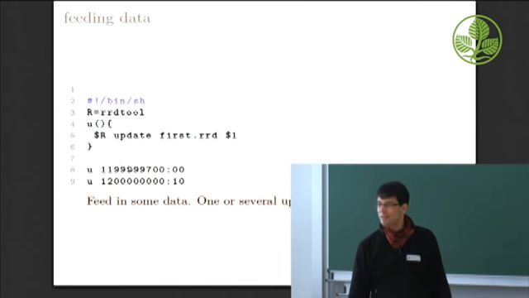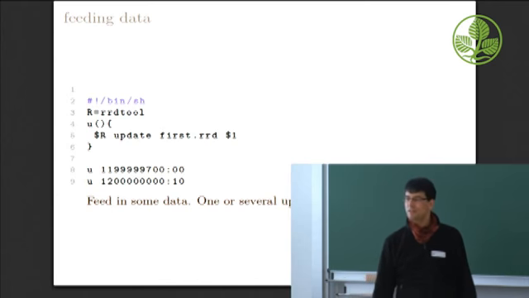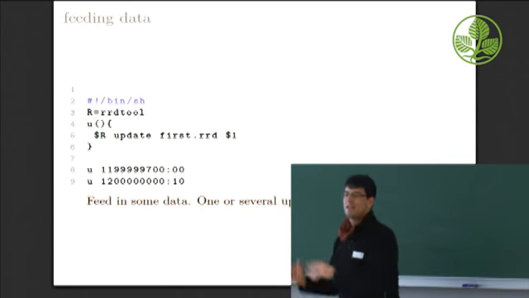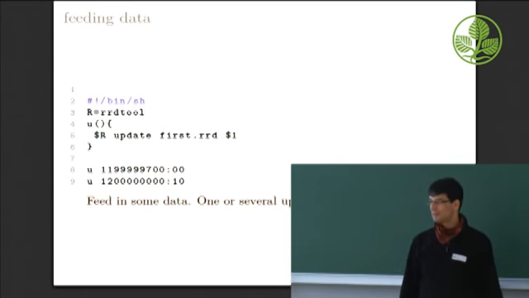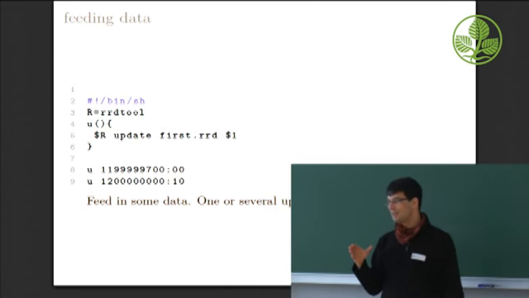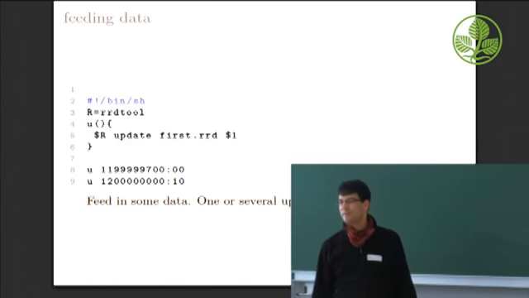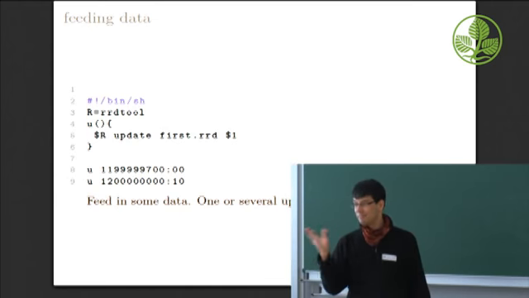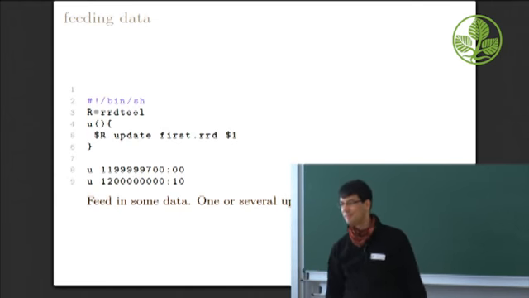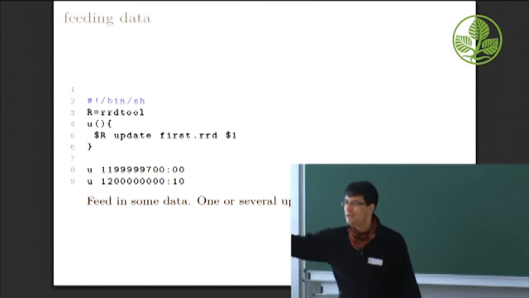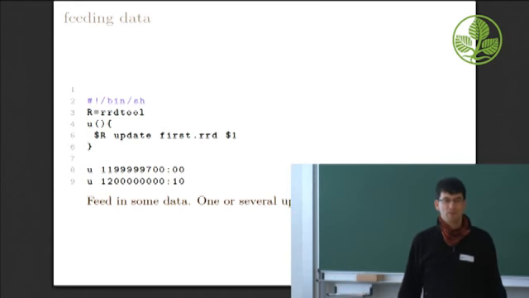That point in time when you did the acquisition of the data is very important, because RRDtool will use it to resample the data into its rigid step interval. If you were not giving RRDtool information about when you acquired the data, then there will be jitter, as the data is maybe shifting a little due to processing happening between the point in time when you acquire the data and when you actually feed it to RRDtool.